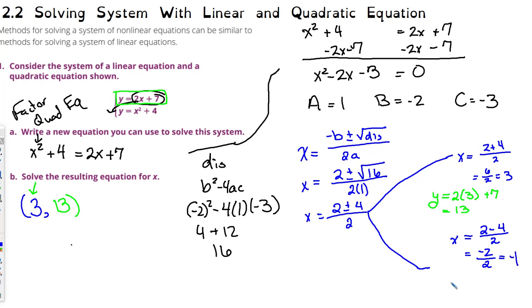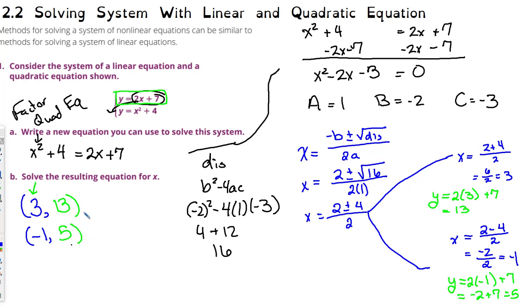Now I'm going to evaluate that into my equation for y. So 2 times negative 1 plus 7. So negative 2 plus 7 is going to equal 5. And so my other ordered pair is negative 1, comma, 5.